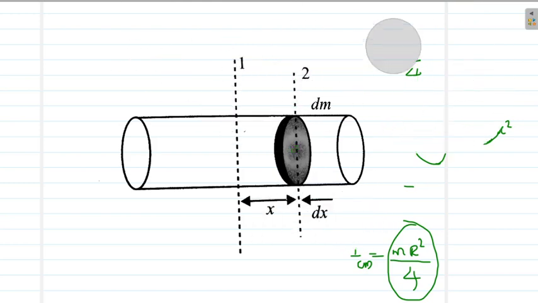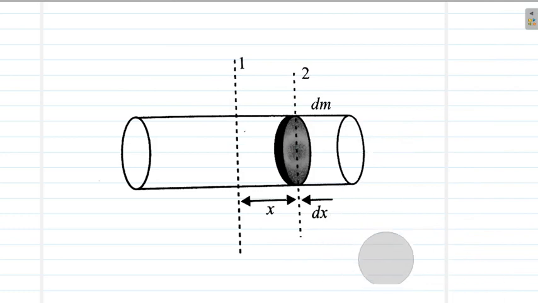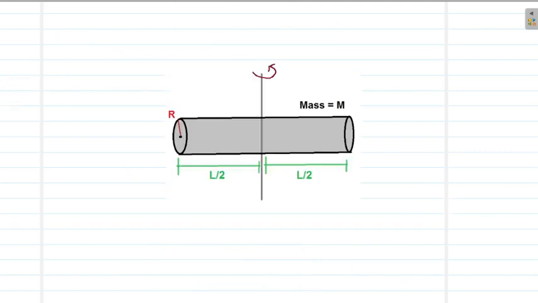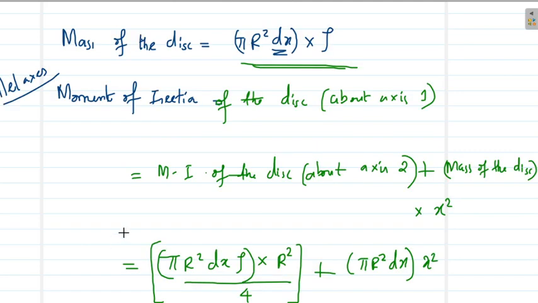Now as we have already learned, the total moment of inertia of the cylinder will be the total moment of inertia due to all the small disks that you can see inside this cylinder. We have calculated the moment of inertia due to a single disk. Similarly, there are a number of disks inside the cylinder, and the contribution from all these disks will make up the total moment of inertia of the whole cylinder. So what we have to do is to integrate this term that we have. This is the moment of inertia due to a single disk.